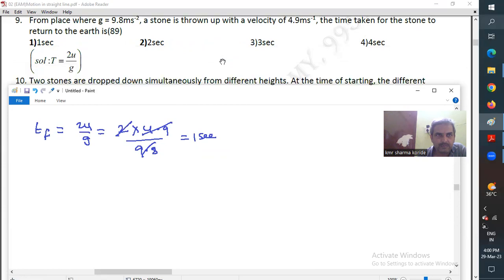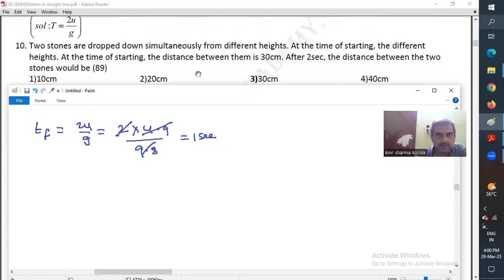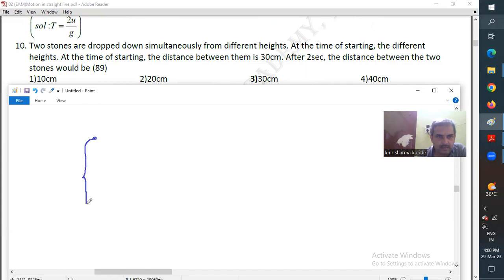Moving to another question. Two stones are dropped simultaneously from different heights. Let us say this is the height from the ground of the first body. They are at different heights at the time of starting.